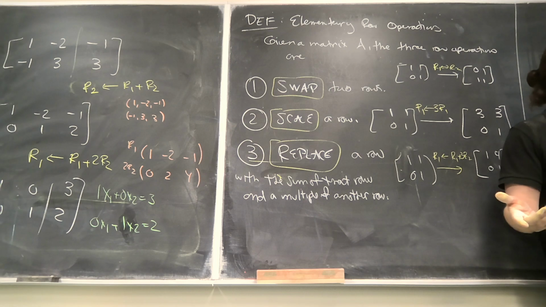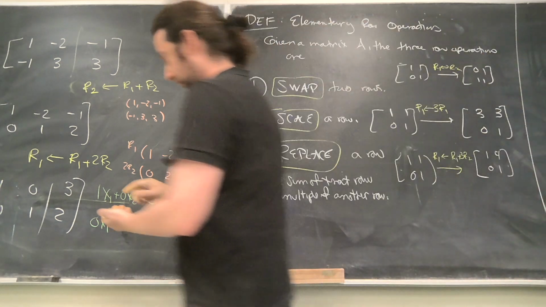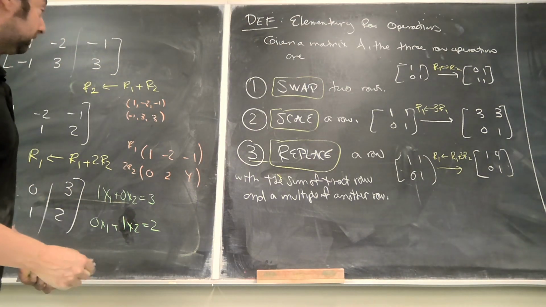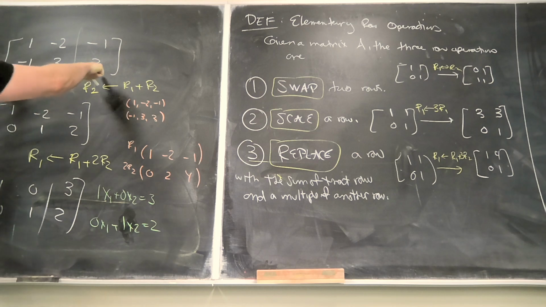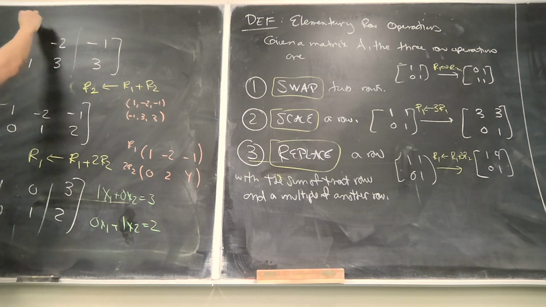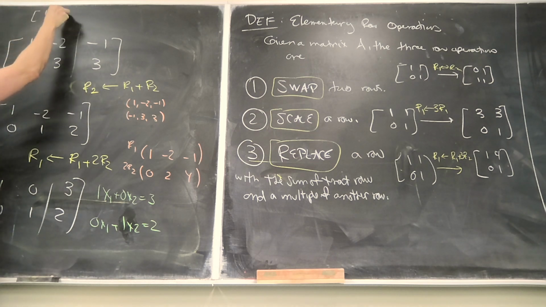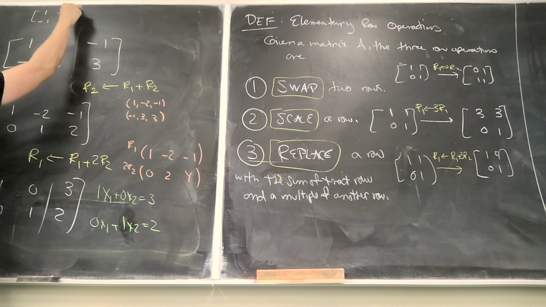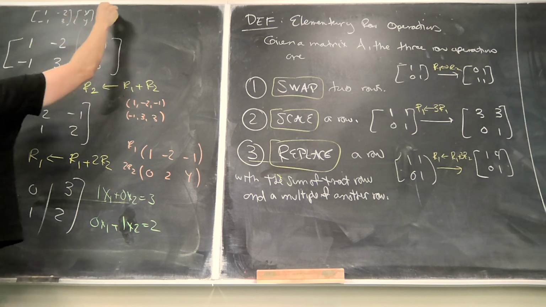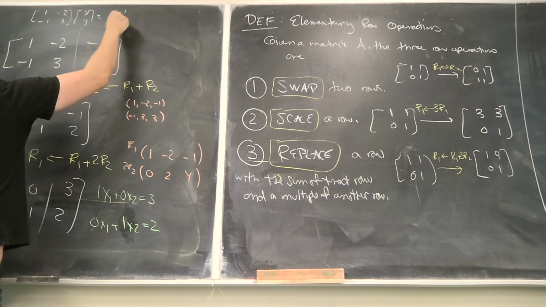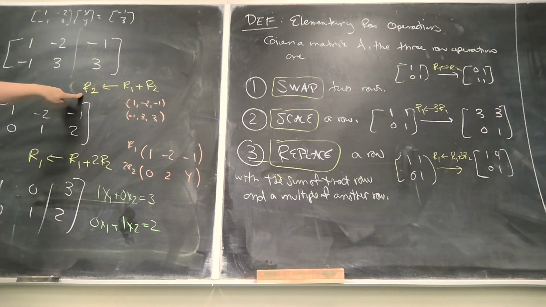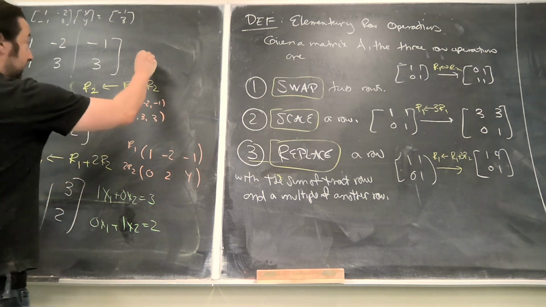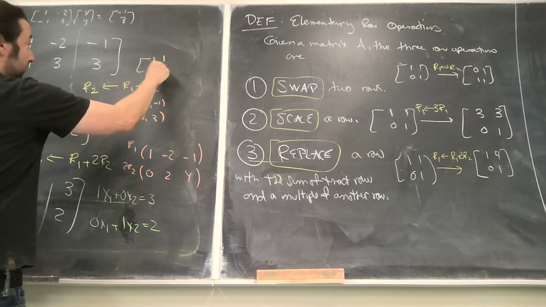This is an advanced question, but the idea is, if you had taken the original setup, 1, minus 2, minus 1, 3 times x, y equal to minus 1, 3, the matrix that takes row 1 and replaces it with row 1 plus row 2, but leaves row 2 alone, has a matrix form, which is 1, 1, 0, 1.